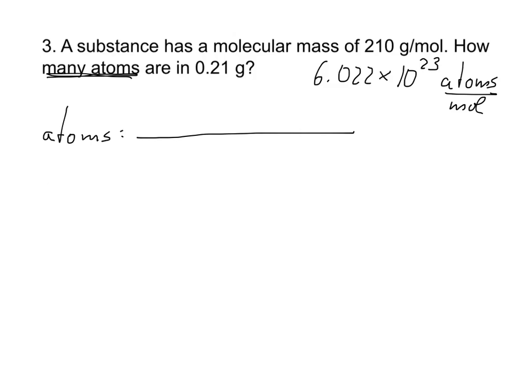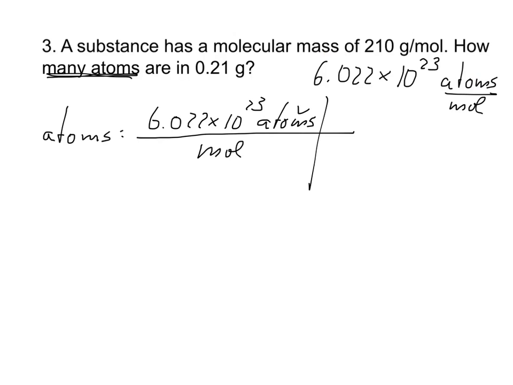Now, do we have anywhere the unit atoms? Yes, of course, that is in the Avogadro number. So we write it so that the atoms is on top of the line. So we have 6.022 times 10 to the 23 atoms per mole.